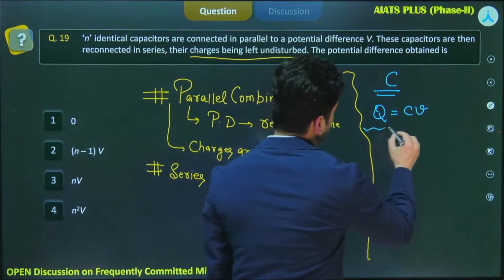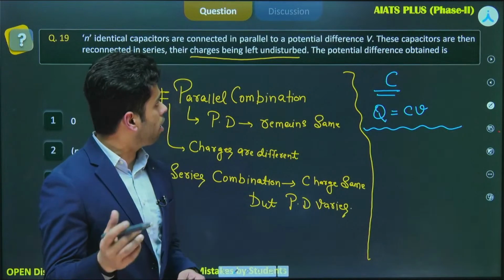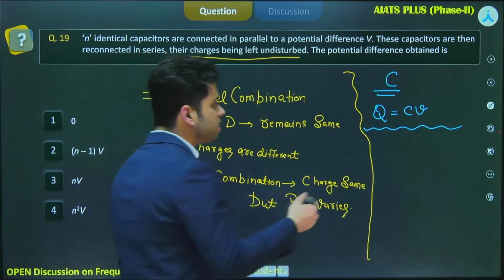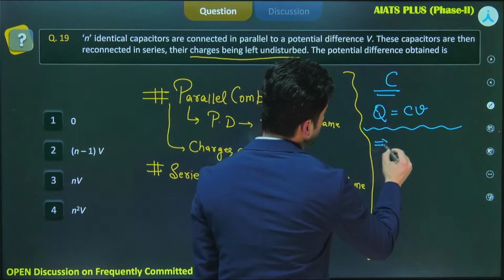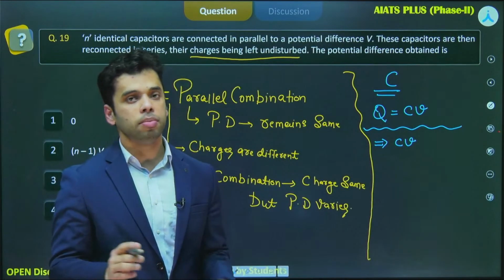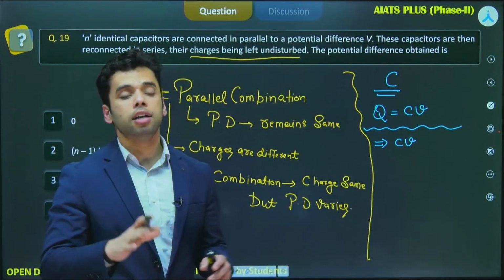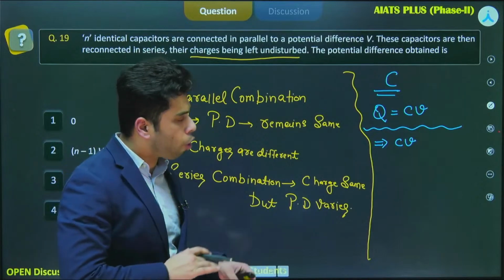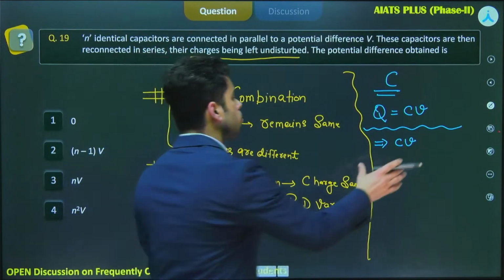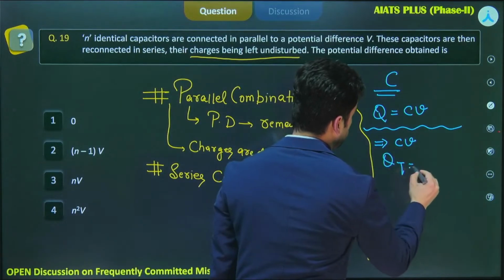Now these capacitors are connected in series, but the charge is left undisturbed. So when they are connected in series, the charge on one capacitor will be CV only. And in the series connection, the charge is going to remain same. So charge on all the n capacitors is going to be equal to CV only, and this is Q total, that is equal to CV.